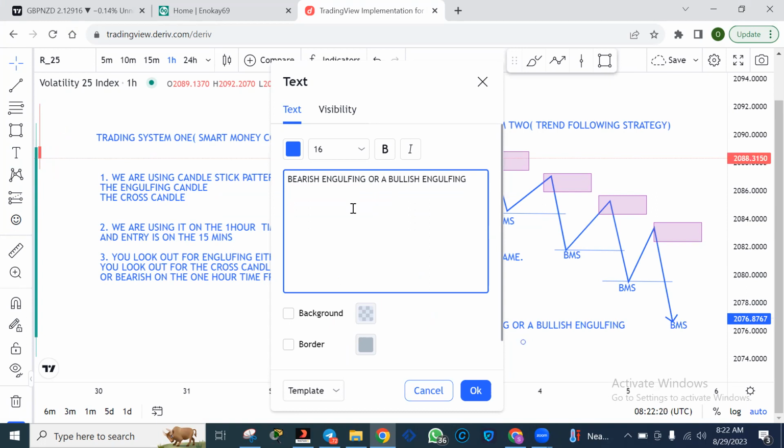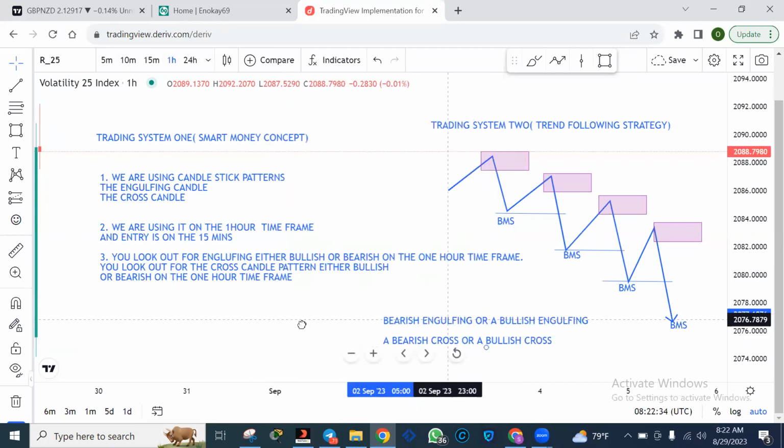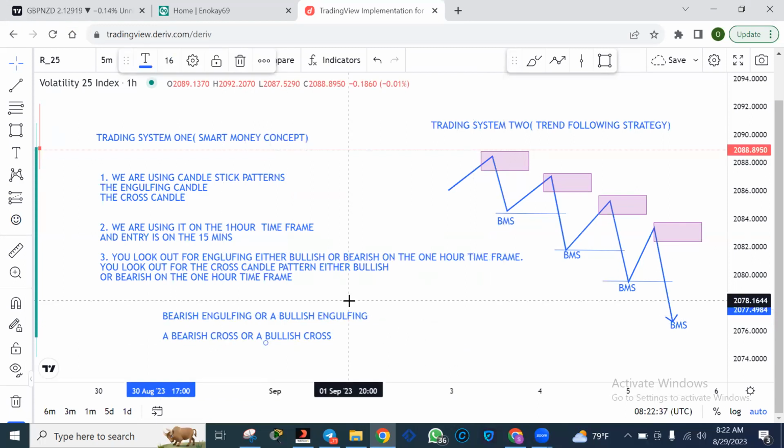If we don't see an engulfing pattern, we need to see a cross pattern, and a cross pattern can either be a bearish cross or a bullish cross, because these are all smart money concepts type of what? Candlestick patterns. They are all otherwise known as demand and supply zones you can use on your chart naturally, because price respects them a lot.